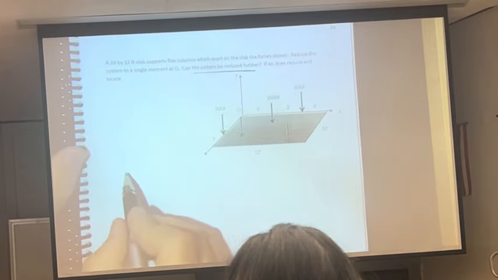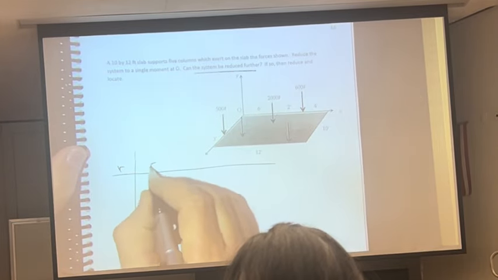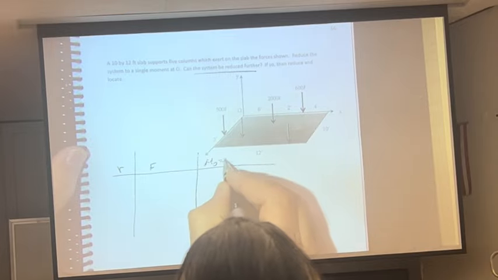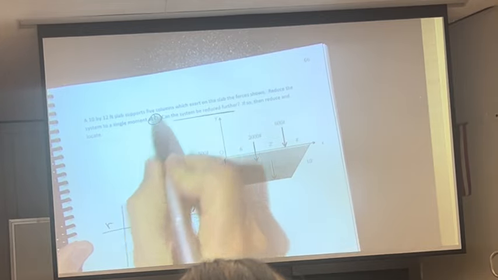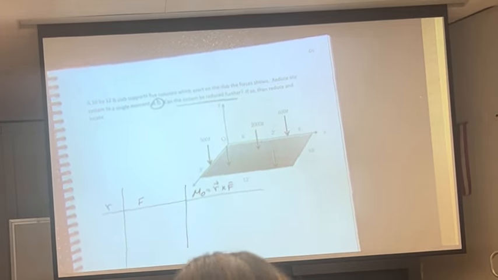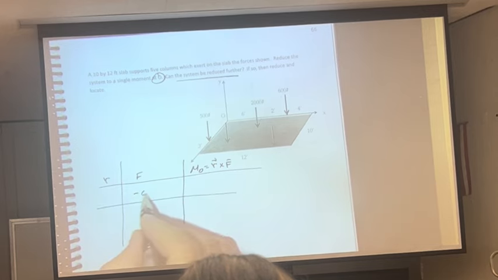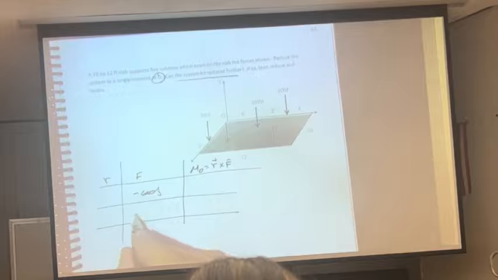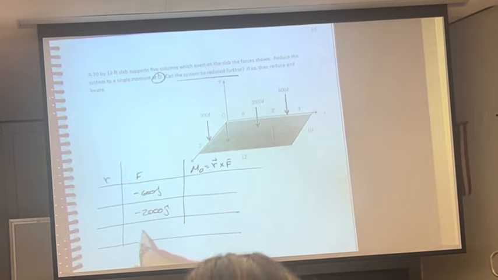So, to make my life easy, I'm going to say this is my R, this is my F, and this is my moment about O, which equals R cross F. And I'm doing it about O because the problem asks me to do it about O. So, here are the forces. Minus 600J. Minus 2000J. Minus 500J.